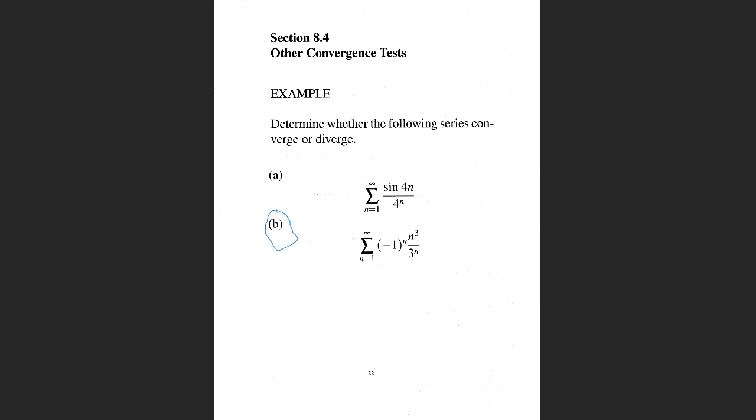Okay, so to use the alternating series test, we have to establish that n cubed over 3 to the nth power, which is the Bn term in the alternating series, we have to establish that the sequence of those terms, n cubed over 3 to the nth power, starting at n equals 1, would be 1 cubed over 3 to the first.